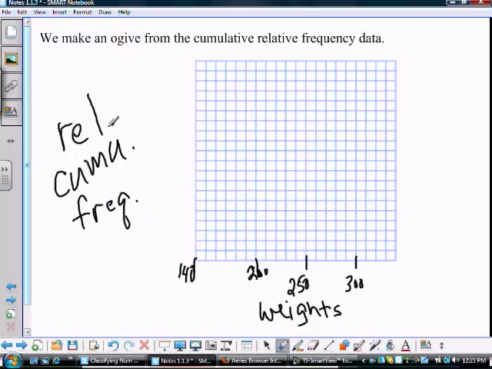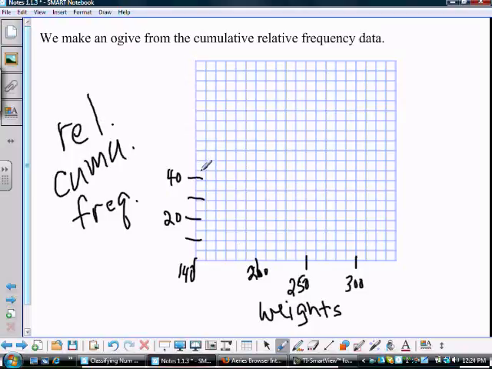So I better scale that to 100. My ogives are always going to scale to 100. So there's 10, 20, 30. Am I skipping the right amount? Am I going to make it?